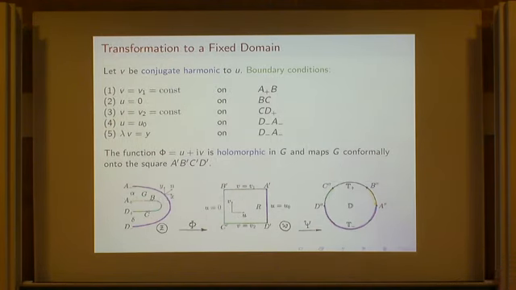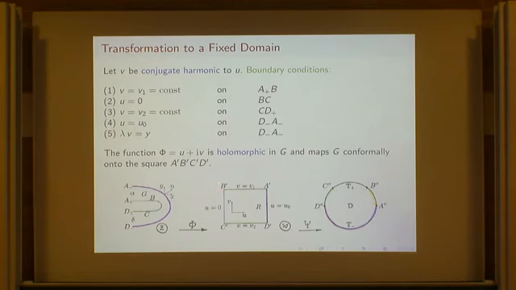So what we get, we apply a standard trick in these free boundary value problem treatment by complex analysis. We map this unknown domain to a standard domain, which is a rectangle here.